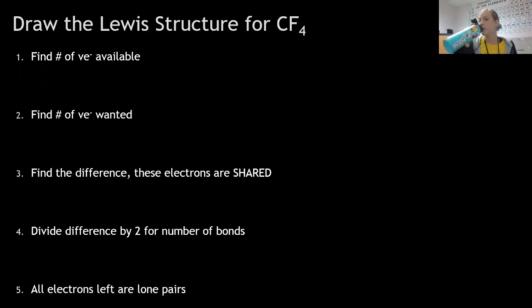So everyone try to do the steps on their own. About 20 more seconds. 10 more seconds.